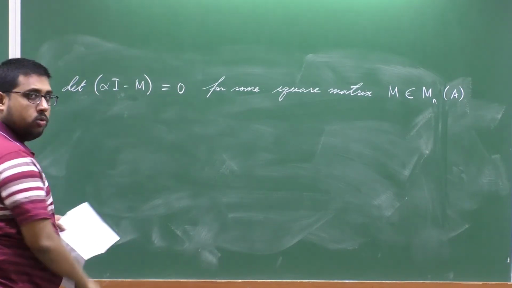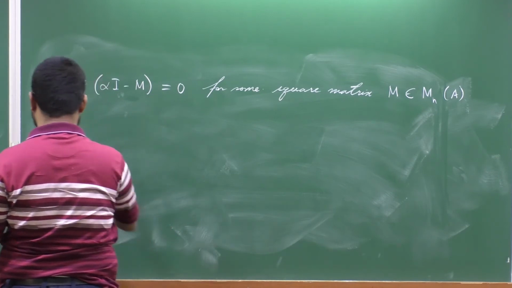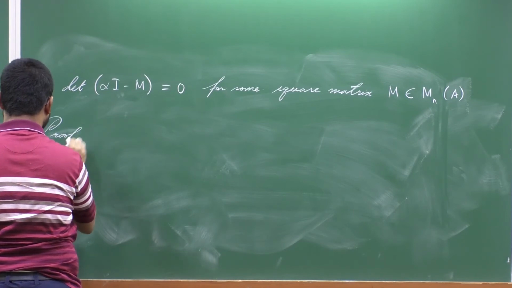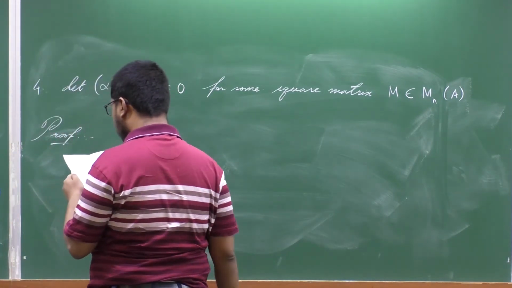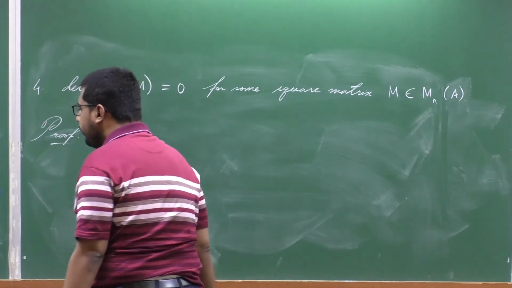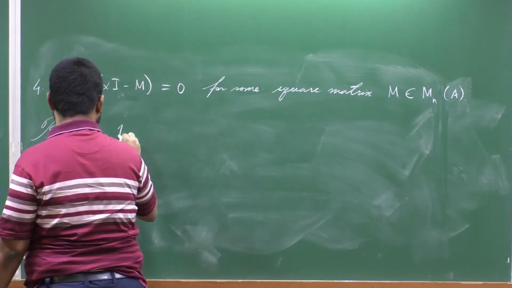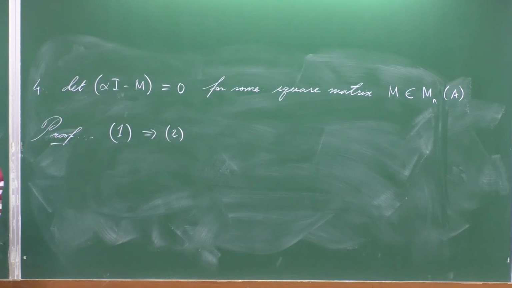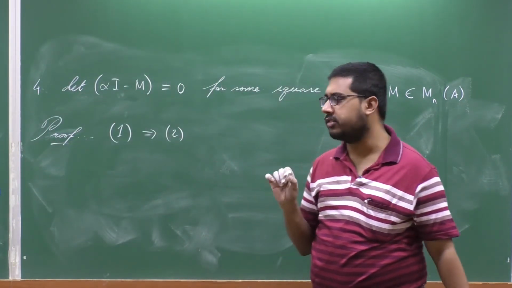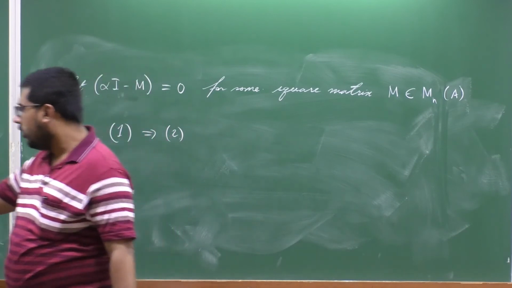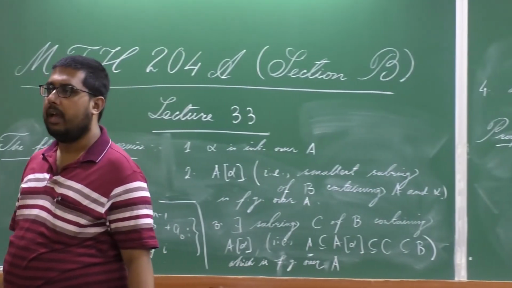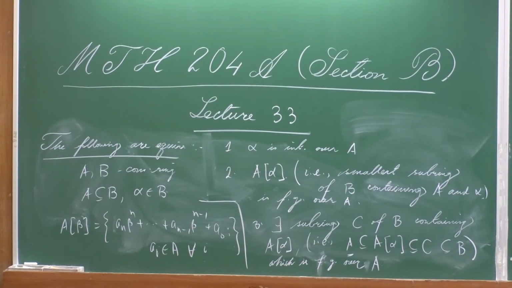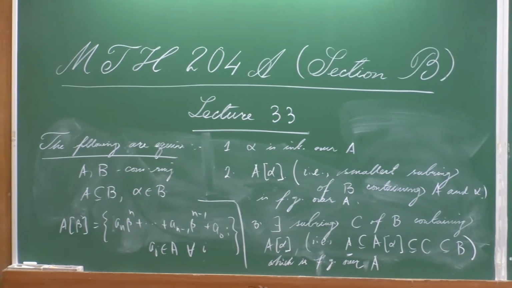Now let us try to prove these four statements. How to do this proof? First of all, from 1 to 2, that is actually quite easy. A[alpha] consists of all polynomial expressions in alpha, and alpha is integral over A, which means we have a monic polynomial with coefficients in A whose root is alpha.